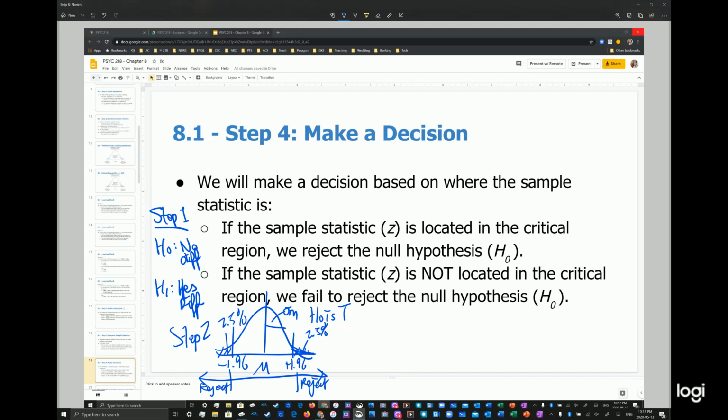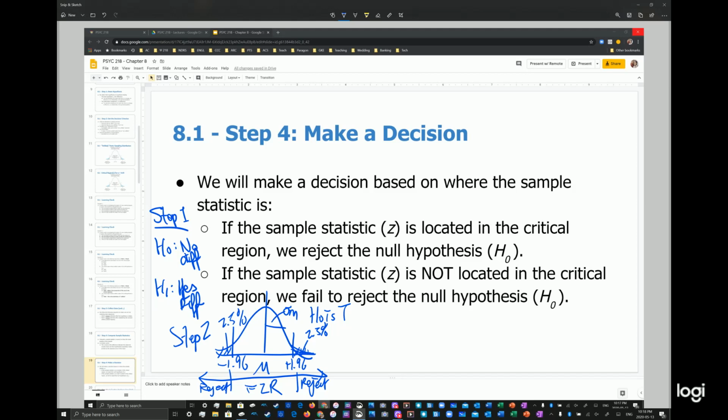So if you happen to get a sample mean that when you transform it into a z-score is less than 1.96 away from the mean, it could be +1 or -1, but the distance is less than 1.96 away, then you're in the region where you fail to reject.